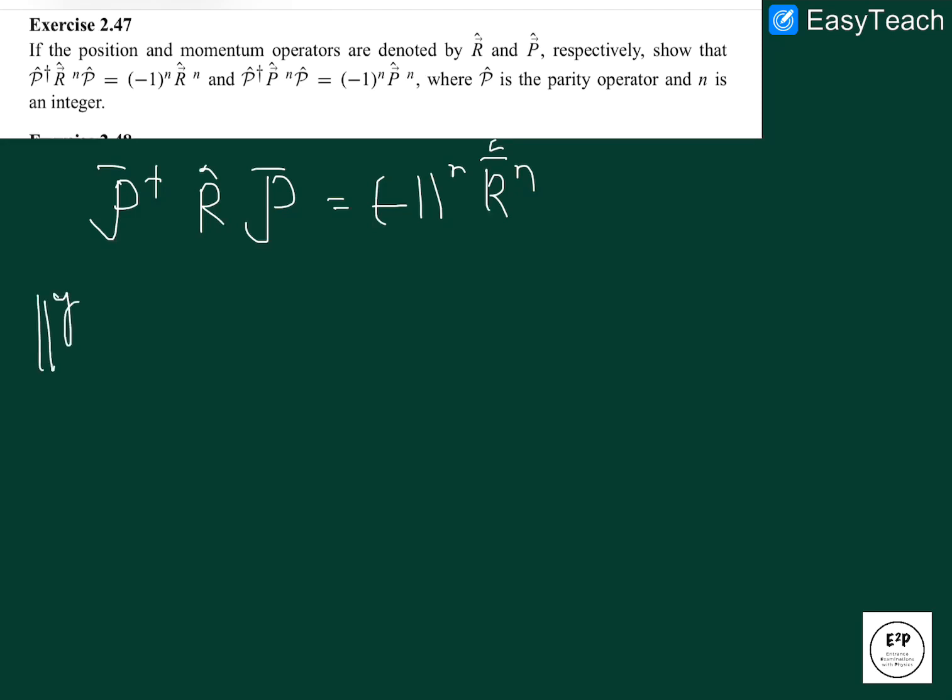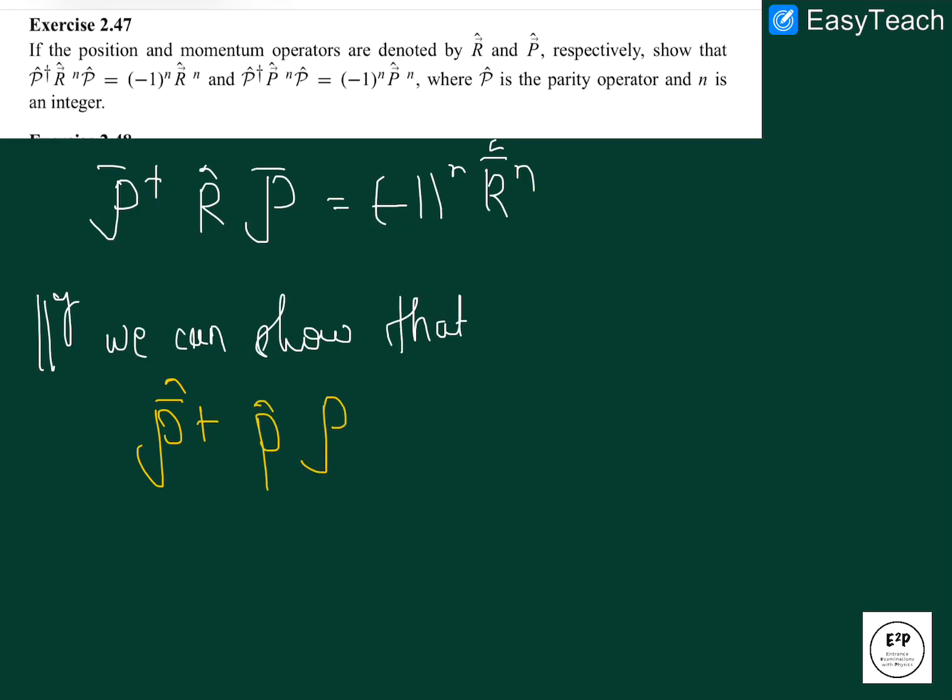Similarly, we can show that parity dagger into momentum into parity is minus 1 to the power n into momentum to the power n.